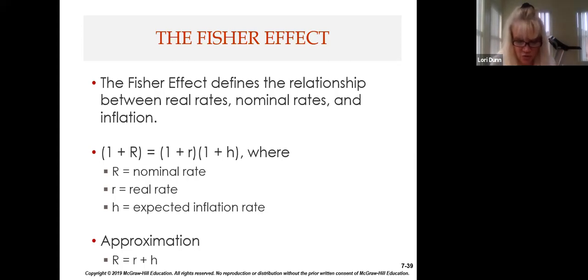If the investors require a 10% real rate of return and the inflation rate is 8%, so they want their purchasing power return to be 10%, I'm sorry, they want their real rate of return, taking into account inflation, to be at 10%, and the inflation rate is 8%.